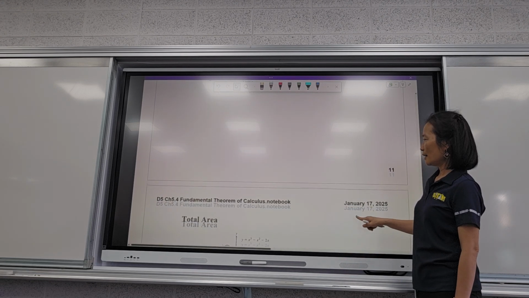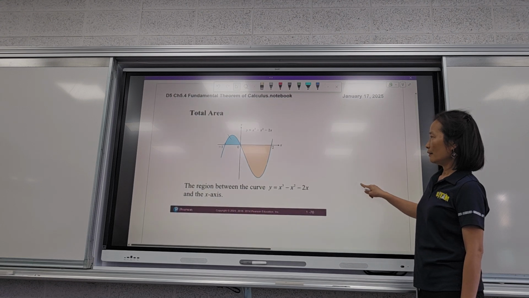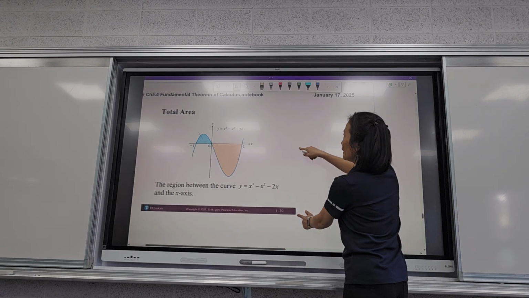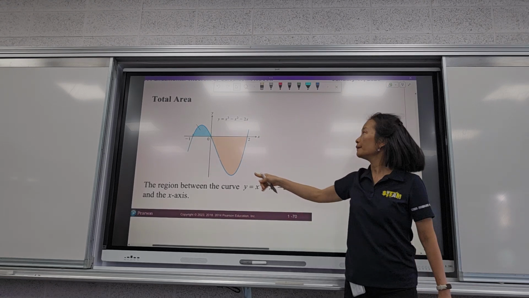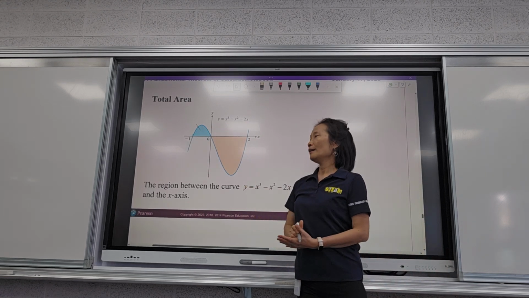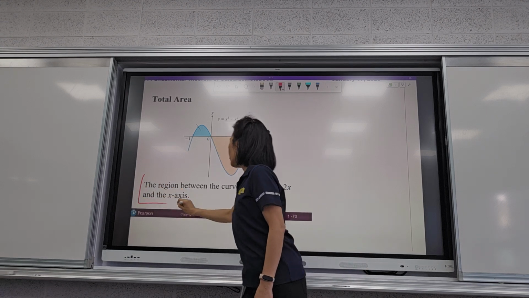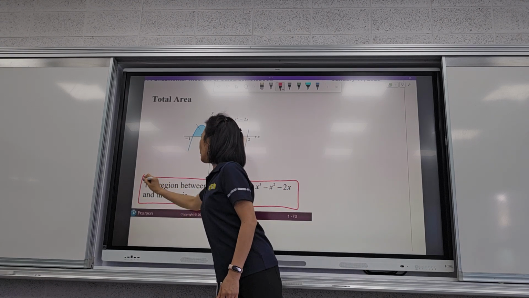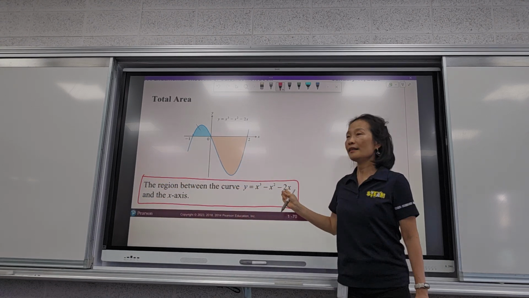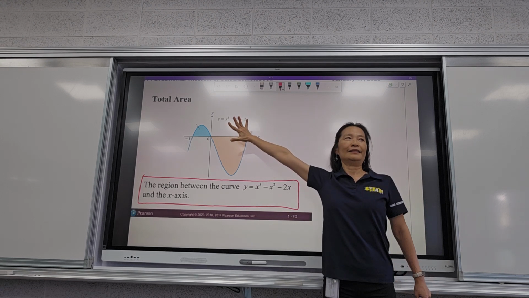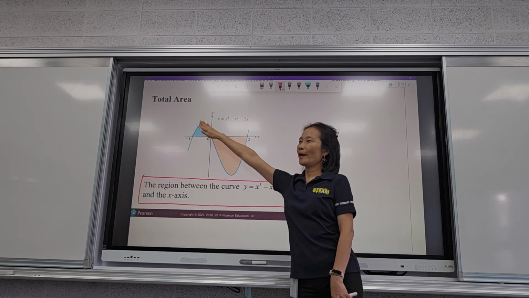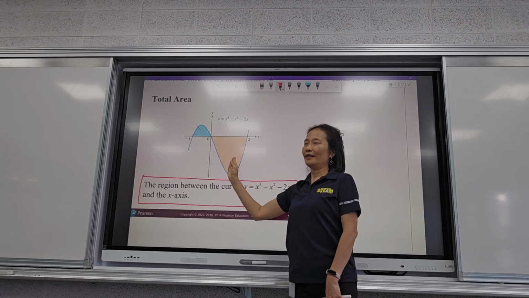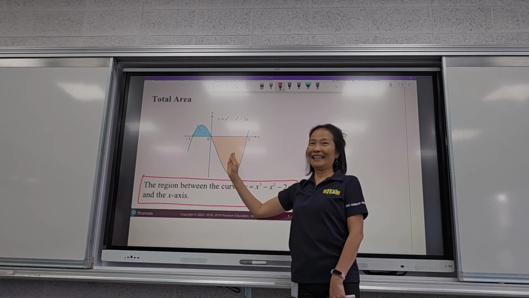All right, next. This is review from last class. So this question, I can just give you the question like this without the graph. When I give you the graph, it's kind of easy for you to see, oh, this is positive and this is negative, right?